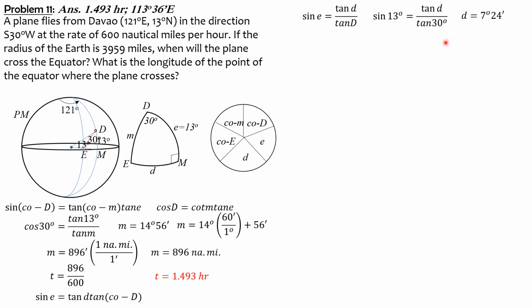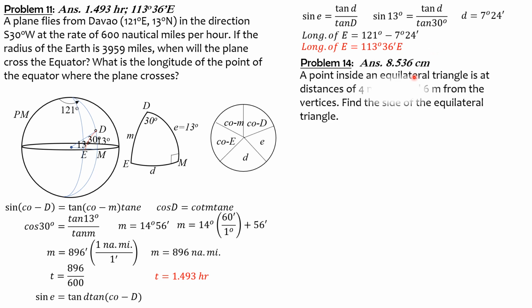So it is equal to 7 degrees 24 minutes. Therefore, the longitude of E, the point where the plane crosses the equator, is 121 degrees minus 7 degrees 24 minutes, and that is 113 degrees 36 minutes east.